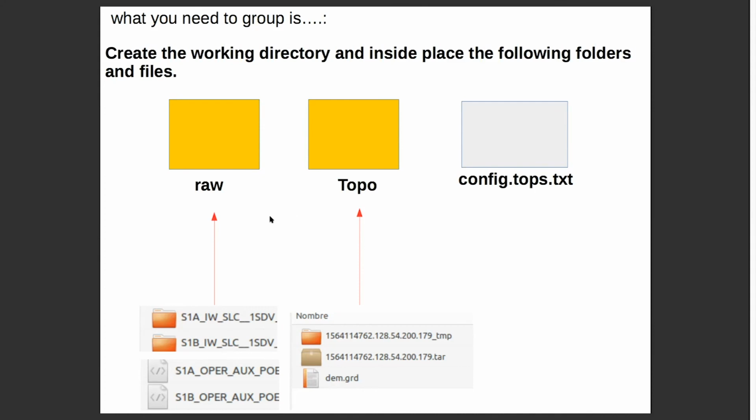You need the directory raw, the directory topo, and a config file, config.tops.txt, and you put the information in these directories.